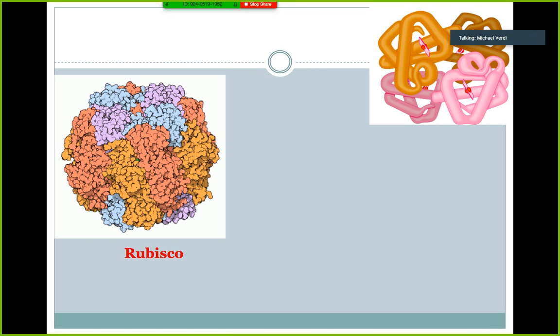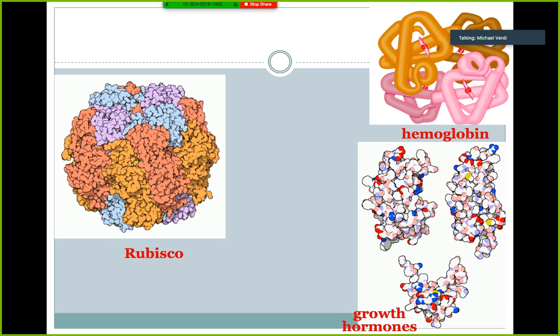Okay, so where were we? Here's some proteins. Let's think about the function of proteins. Rubisco is an enzyme. Sometimes I think the number one function of proteins is enzymes. We taught you all enzymes are proteins.